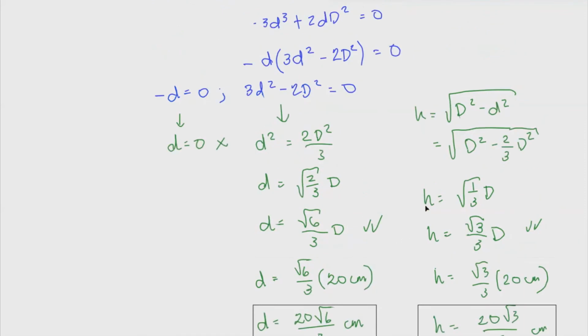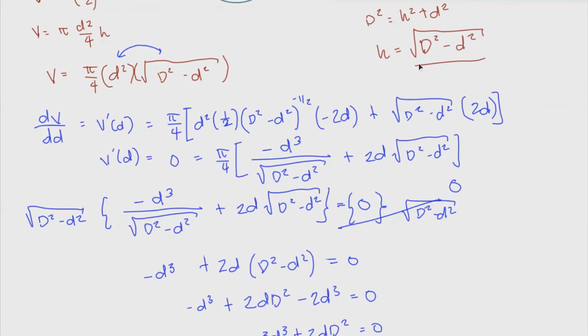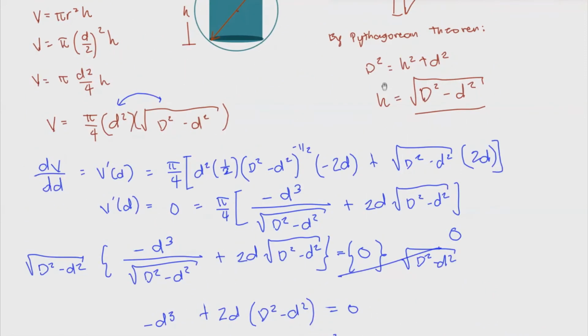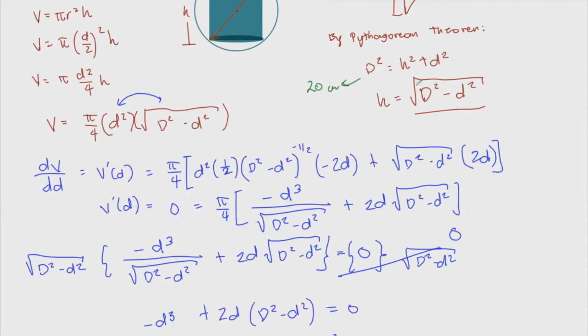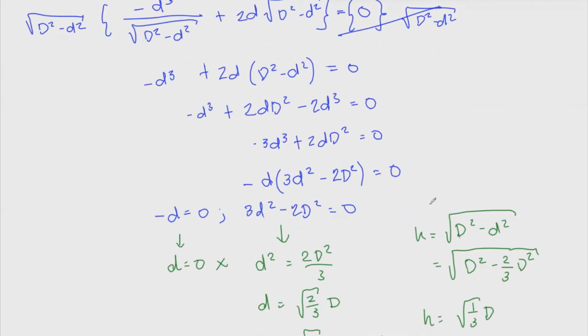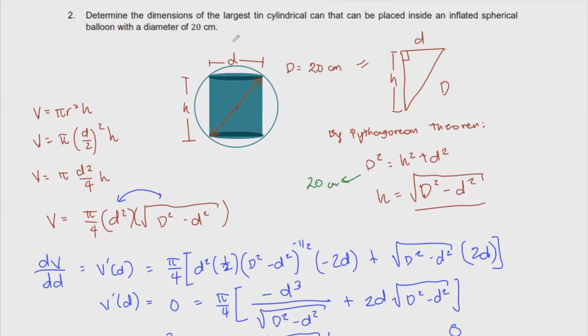And you might be noticing that I didn't substitute d from this expression, because I could have used 20 centimeters here instead of writing d, so that I would be getting a constant value instead of the letter d. But you know very well that d is also a constant, so either way, if you substitute 20 right from the start or not, you'll just be getting the same answer. It's just that I didn't do that because I wanted you to see how it works when you don't have any value for the diameter.